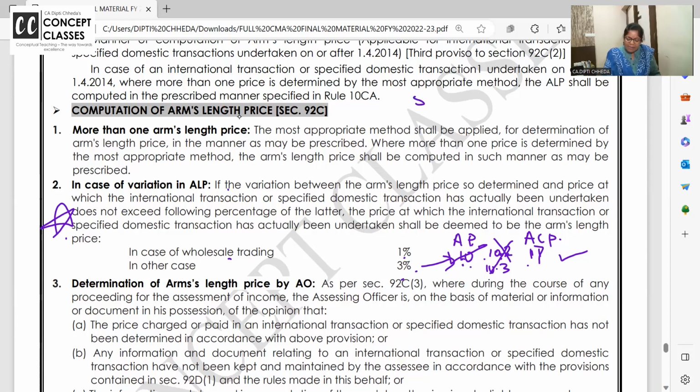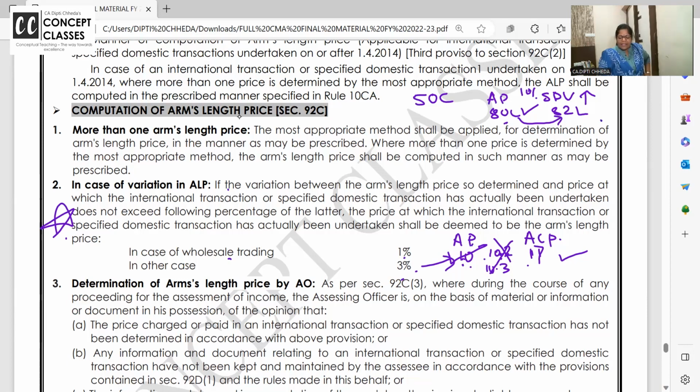This concept is the same as 50C, stamp duty value. Actual price or stamp duty value, whichever is higher. Ma'am, actual price is 80 lakhs but stamp duty value is 82 lakhs, so what will we take? 80 lakhs, because in the difference they give a permission up to 10%. Are you all getting? Up to 10% variation, ignore the stamp duty value even if it is higher and take the actual selling price. So here 80 and 88 lakhs.